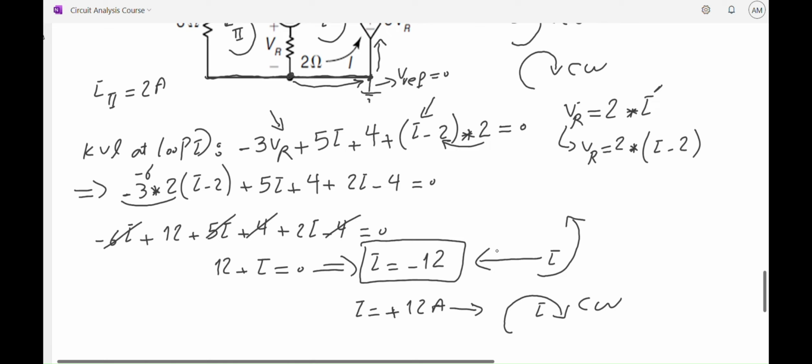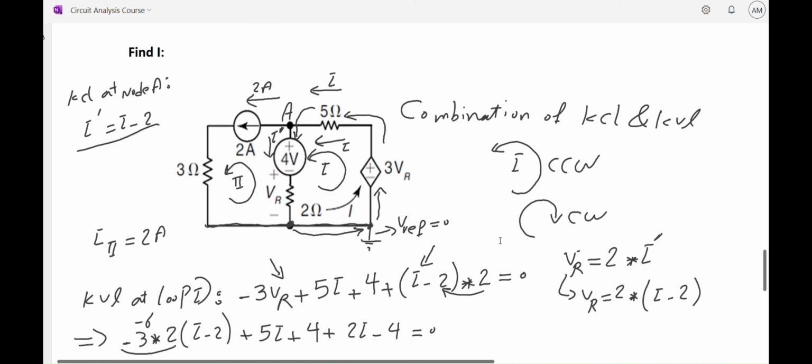So if we consider the current direction, which is shown in this circuit, the answer is negative 12 amp with this direction. But negative 12 amp doesn't make sense in reality.